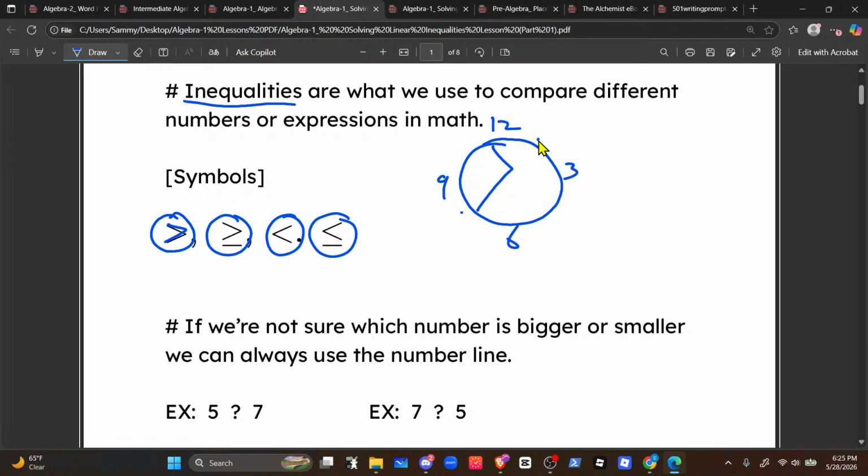And if you have an inequality symbol that opens up to your right, well, what's that sign facing? It's facing all the smaller numbers on the clock. So if it opens up to your right, you would have a less than or less than or equal to. Okay, so greater than or equal to, and then less than or equal to.